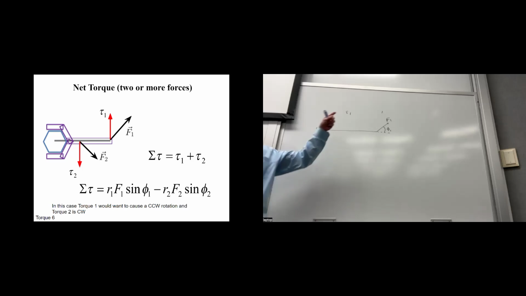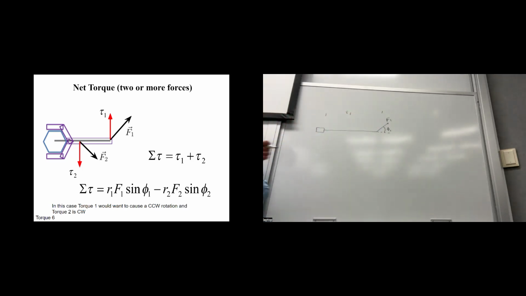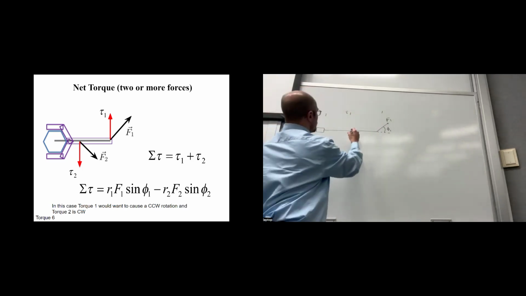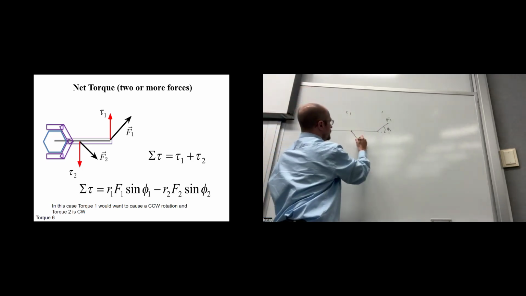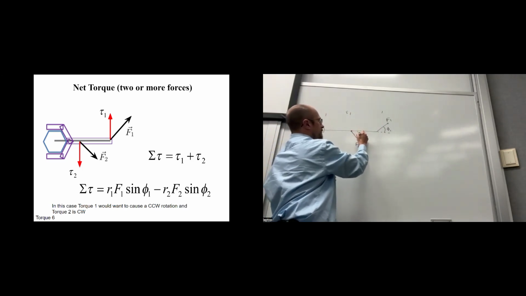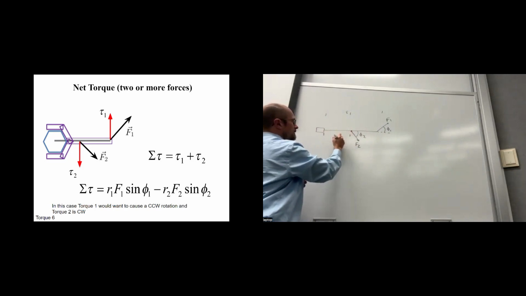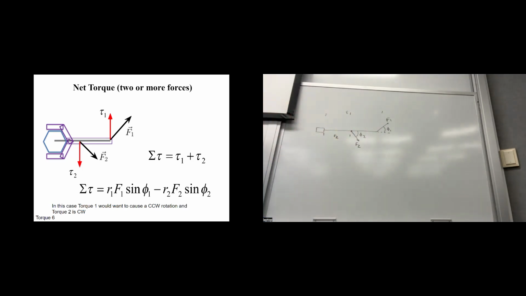So for each torque, it will have its own radius, force, and angle. Now, force 2, which will generate torque 2, sits right here. And force 2 will have phi 2, and it will sit at R2. Is everyone good with that? All right.